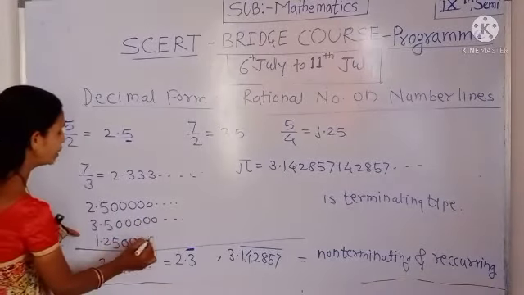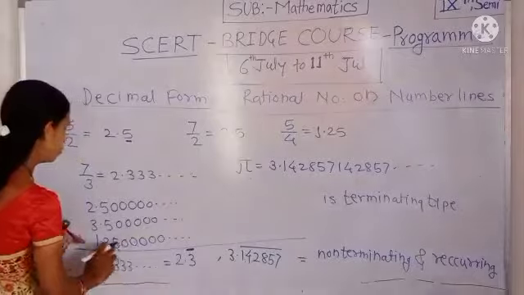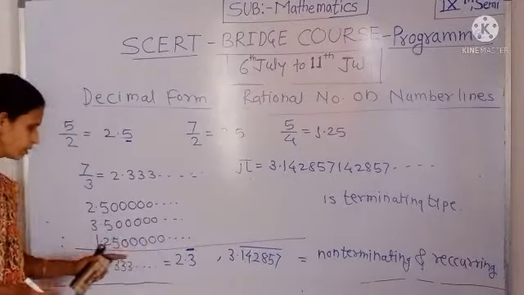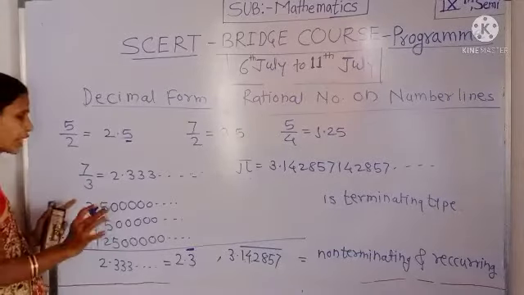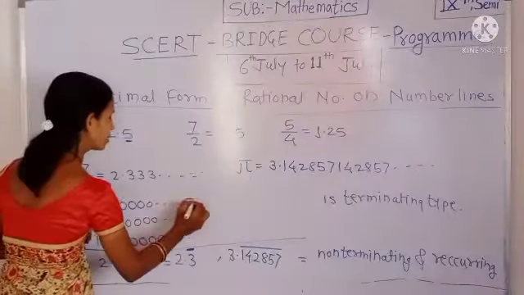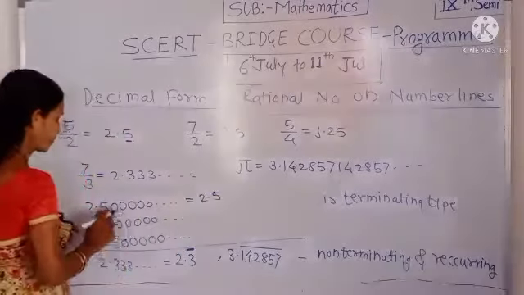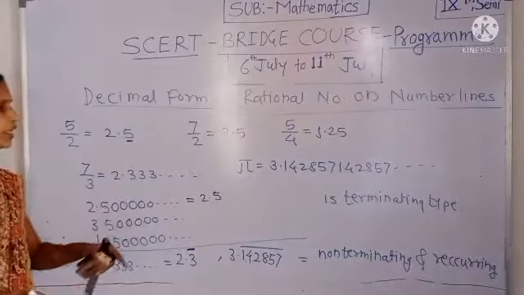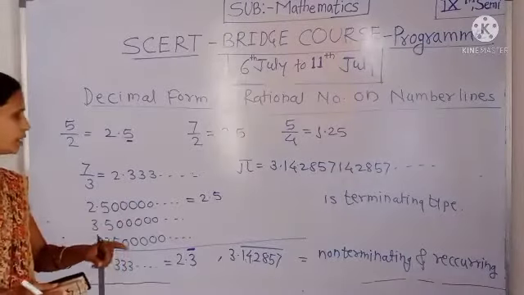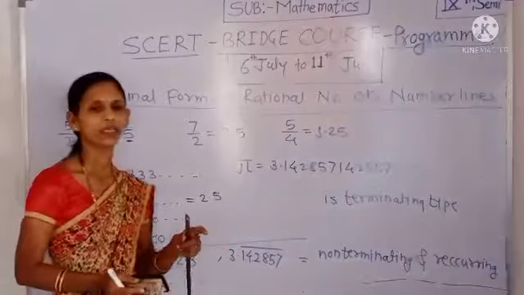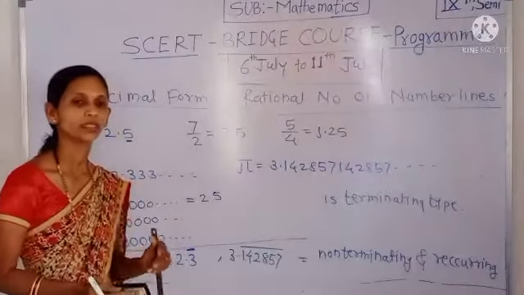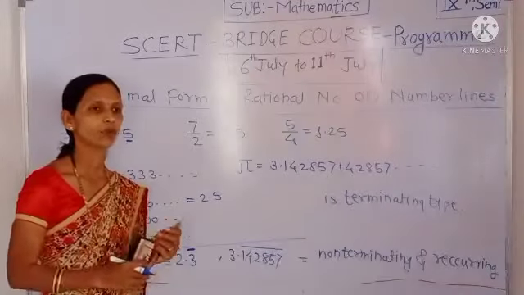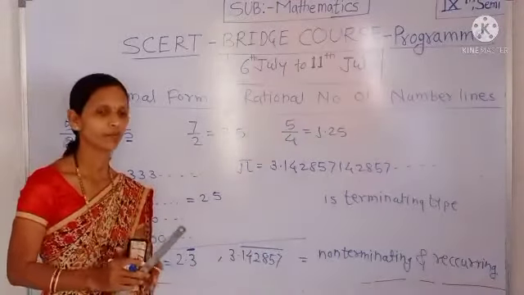Zeros can be written at the right side of that number 5 and the value does not change. Here it is 2.5, and the value remains as it is. Therefore, terminating decimal forms can be written as non-terminating type. That is about rational numbers and the properties of rational numbers.